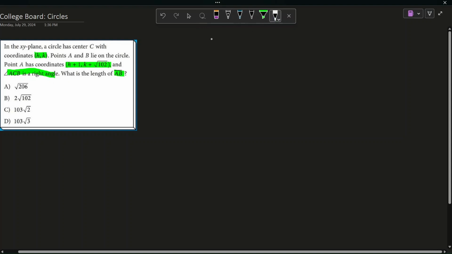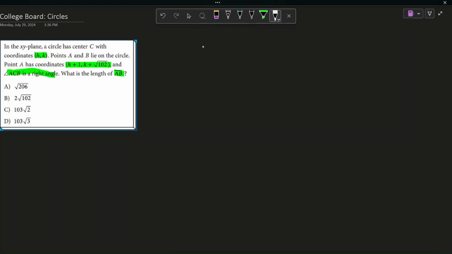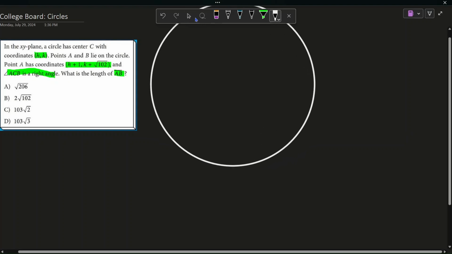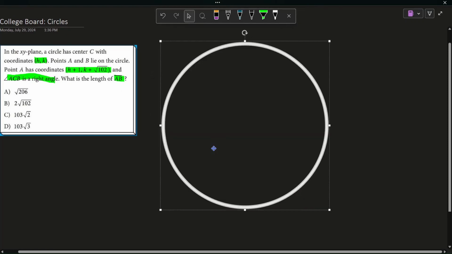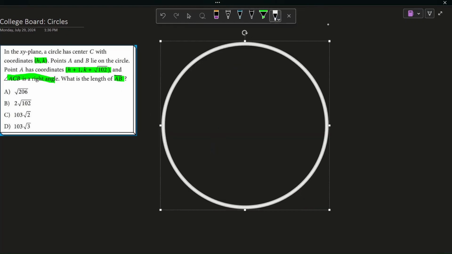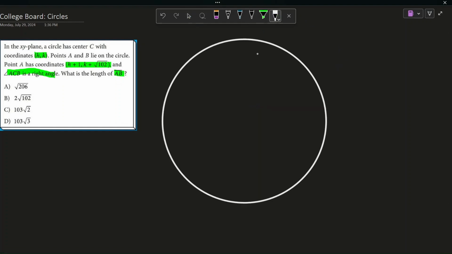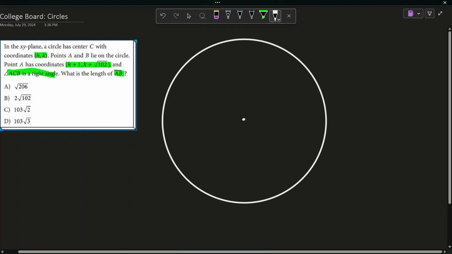All right, so our first step is to draw out a circle and visualize what the question is asking us. So this is a circle, and the circle's center is right about here, and that's h, comma k.